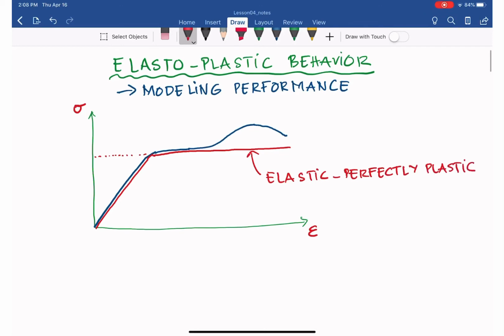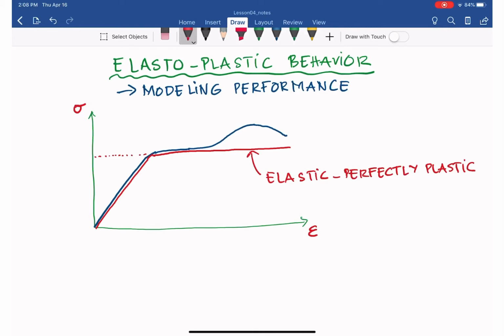The first phase replicates the real material, and the second phase we assume is perfectly plastic, so the line goes horizontal. That is what we call elastoplastic behavior.